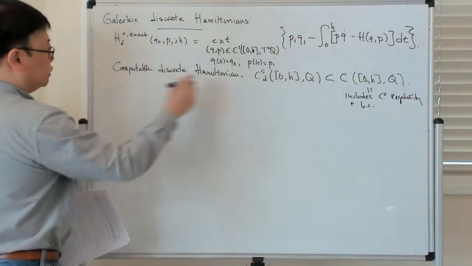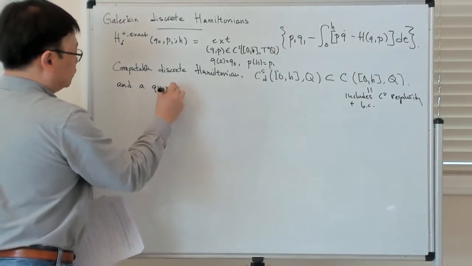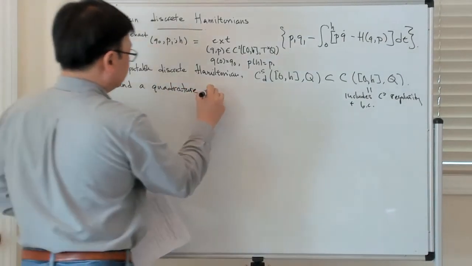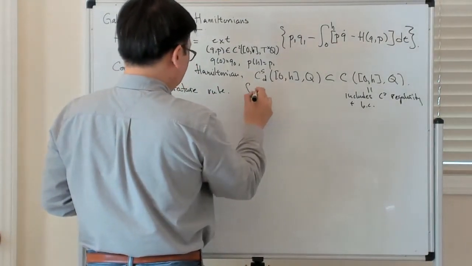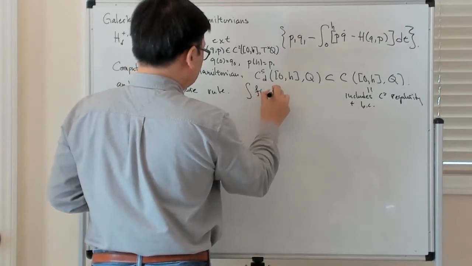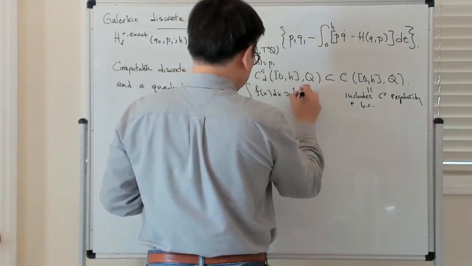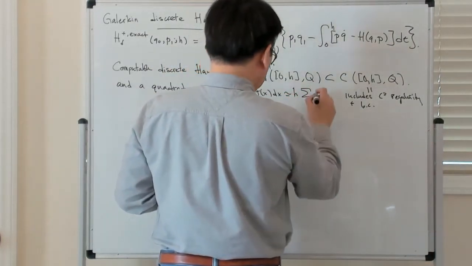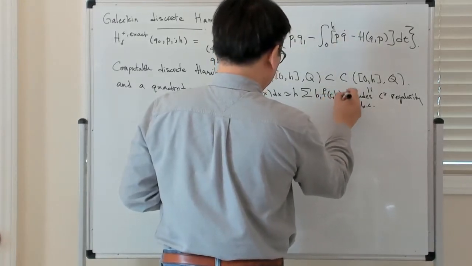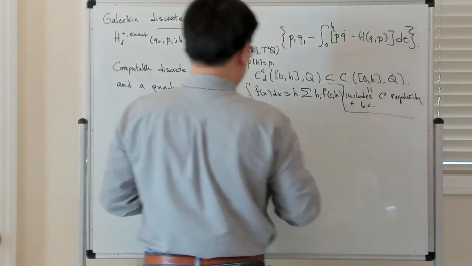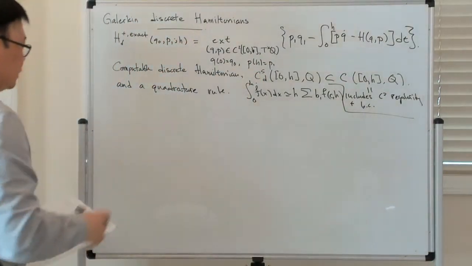So you choose this and a quadrature rule, which basically says that if you take an integral of f(x) dx from 0 to h, you approximate it by h times the sum of b_i f(c_i h), something like that. So that's what you need to do.